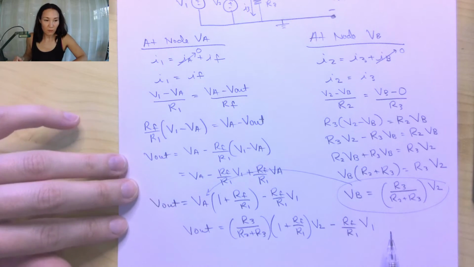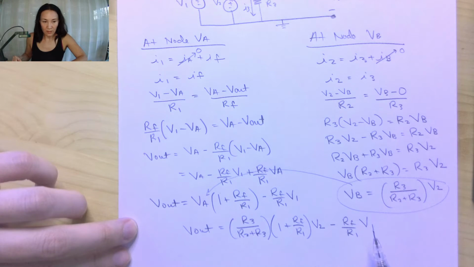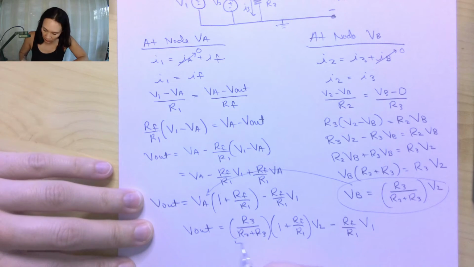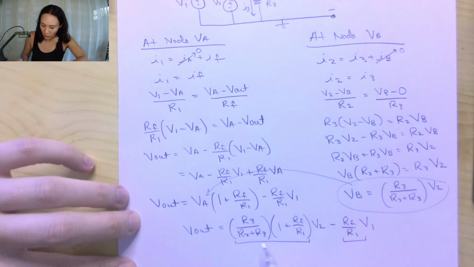So if you can put it in a form like this, where you have Vout in terms of V1 and V2, then put your resistance values together in ratio form like this as coefficients, and then you can do coefficient matching. So the coefficient in front of the V2 source is given by all these resistors. The coefficient in front of the V1 source is given by just RF over R1.